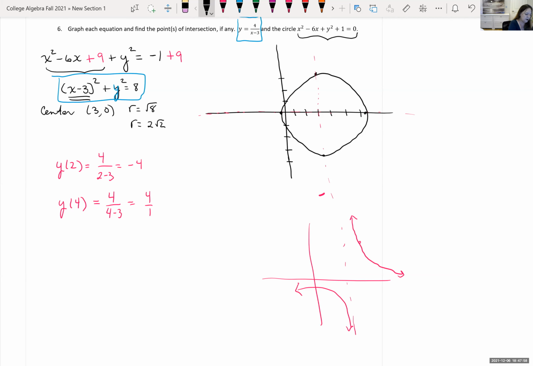So we have, rewriting this, x minus 3 quantity squared plus y squared. So I'm going to put parentheses, quantity squared equals 8. And in that parentheses, we're putting what y is, which is in our case 4 over x minus 3.